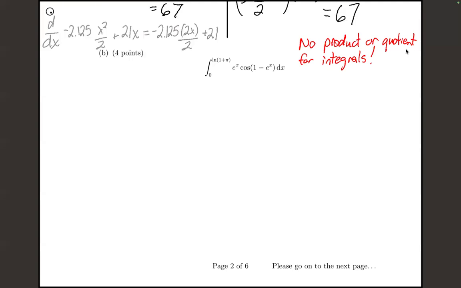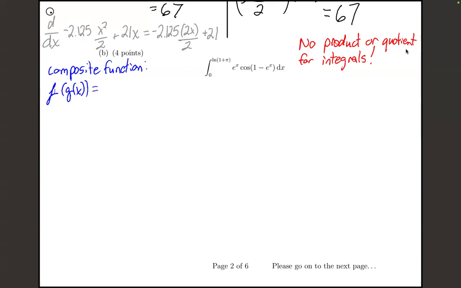A composite function is something that you can write as f of g of x, where the argument of the outer function f of x is not just x. It's actually g of x.